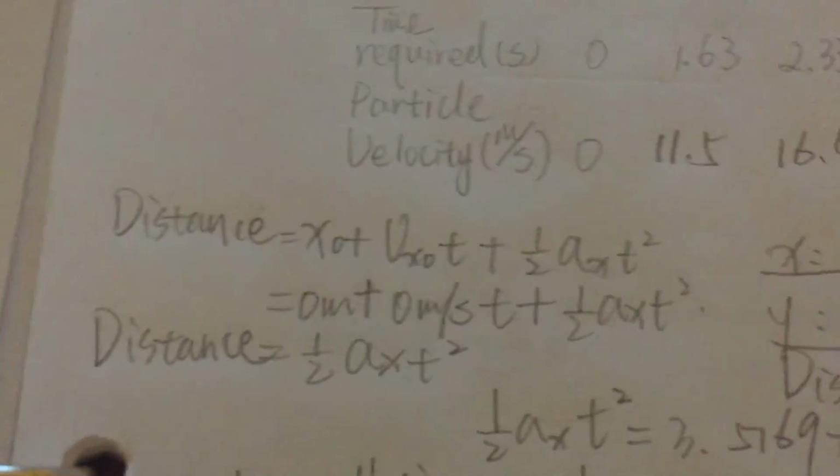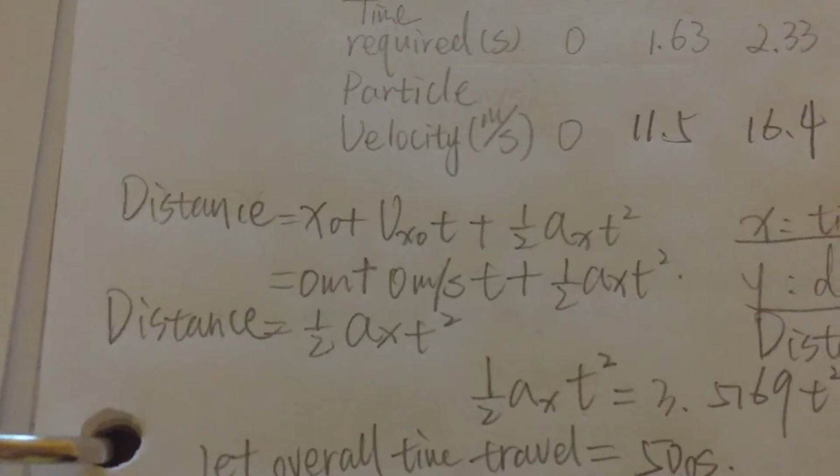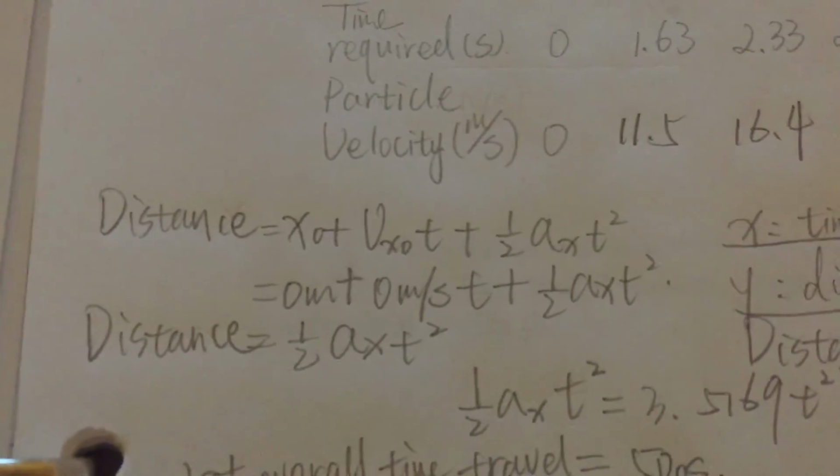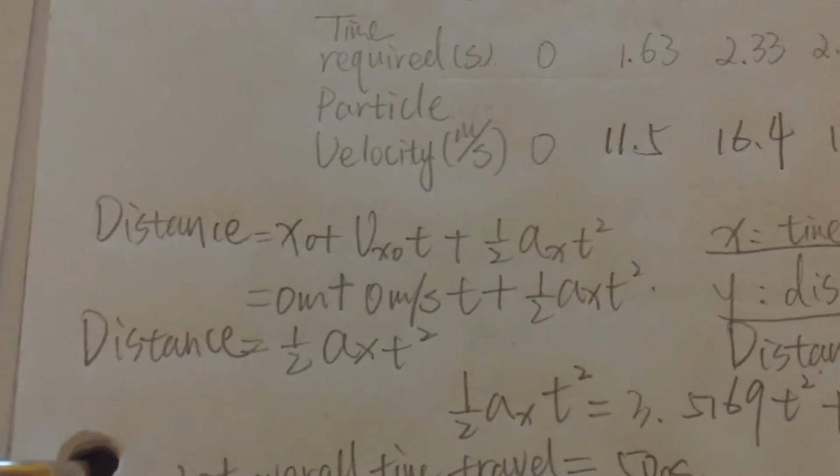And finally I got distance is 1/2 acceleration times time squared.